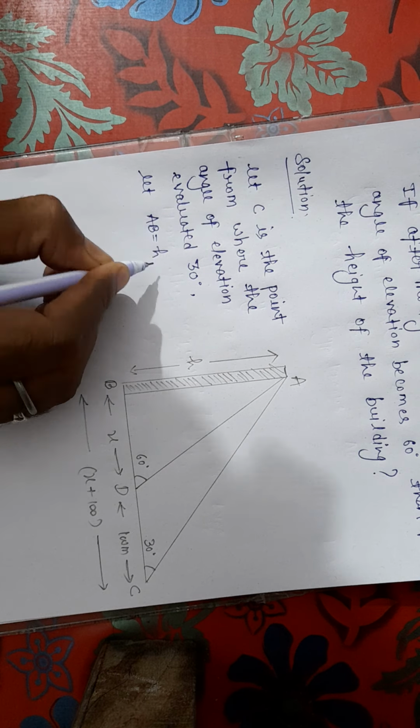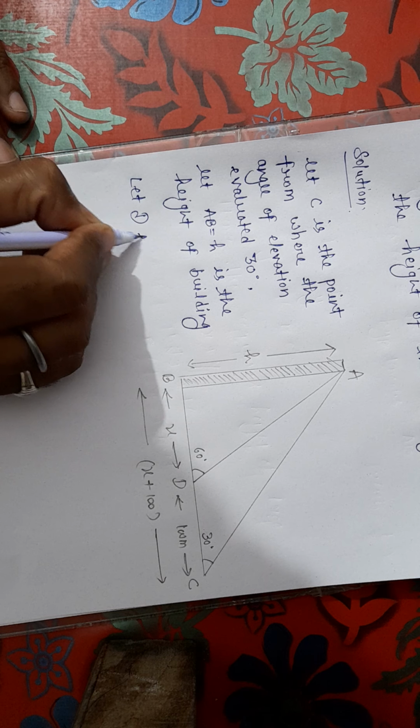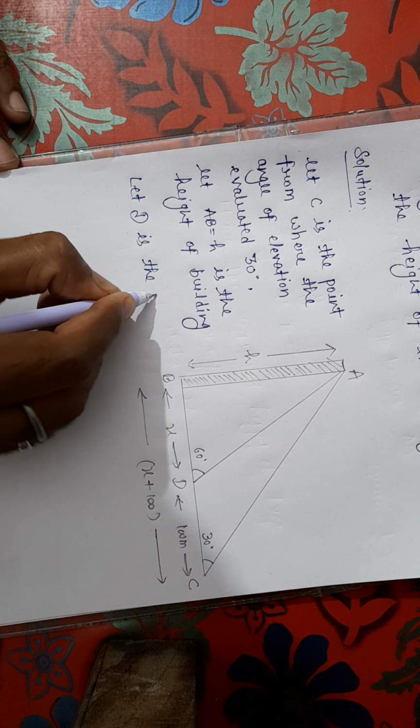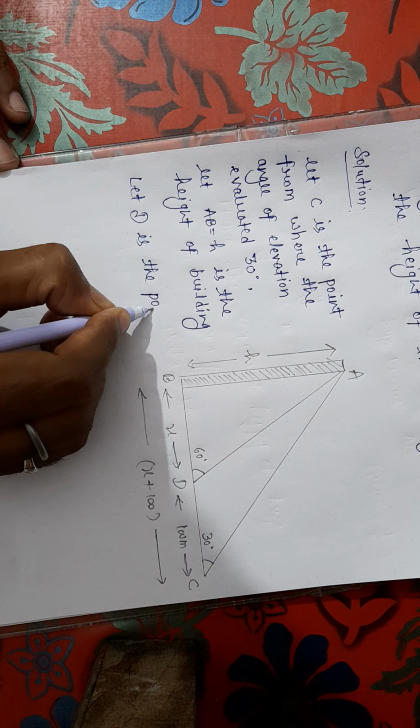Let D be the point from where the angle changes into 60 degree. Why is the angle changing?